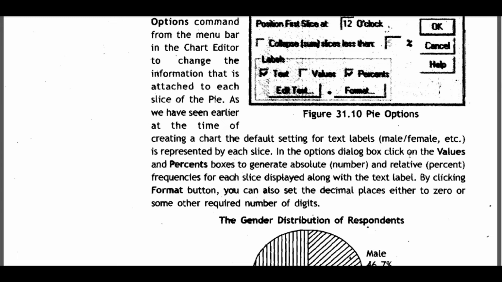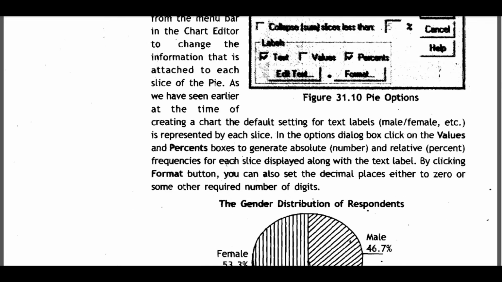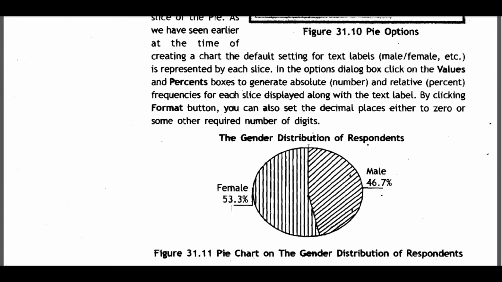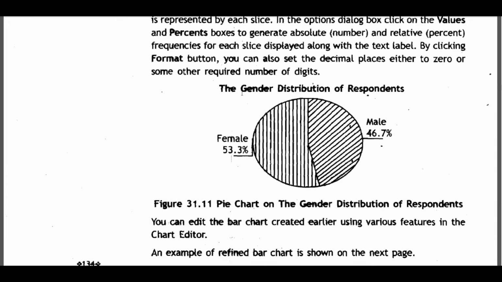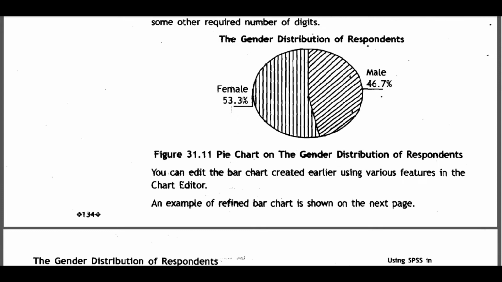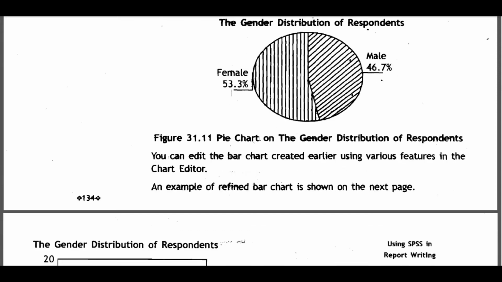In the options dialog box, click on the values box to generate absolute and relative frequencies for each slice displayed along with the text label by clicking the format button. You can also set the decimal places either to 0 or some other required number of digits. The gender distribution of respondents: female 53.3%, male 46.7%. The pie chart of the gender distribution of respondents.